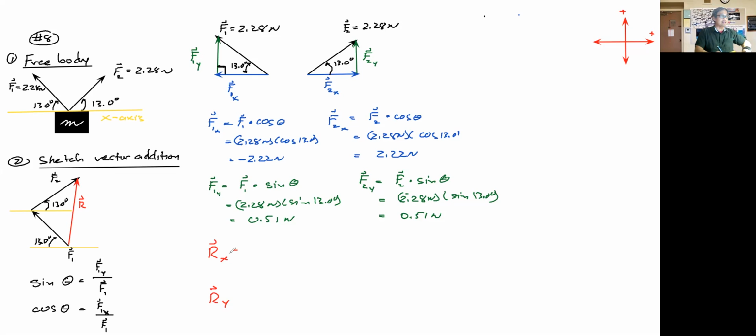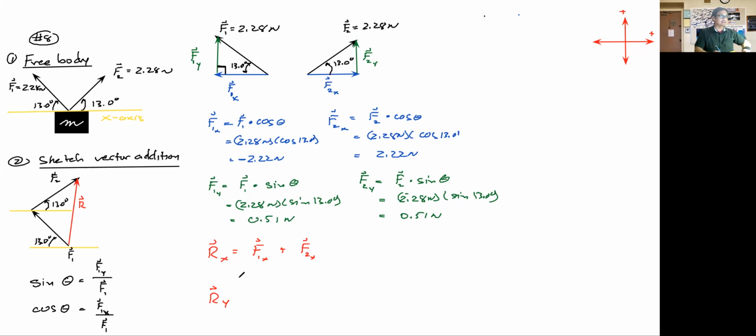We obtain these x and y components by adding the x and y components together up here. We take the x component of vector 1 and add it to the x component of force vector 2.